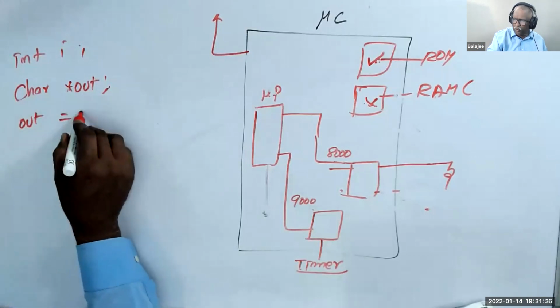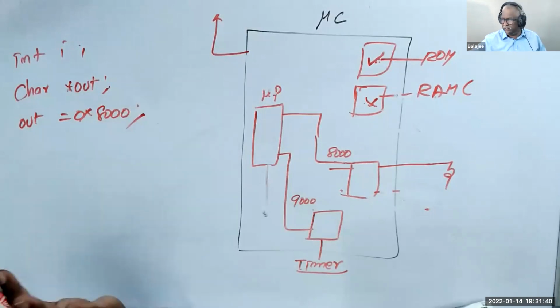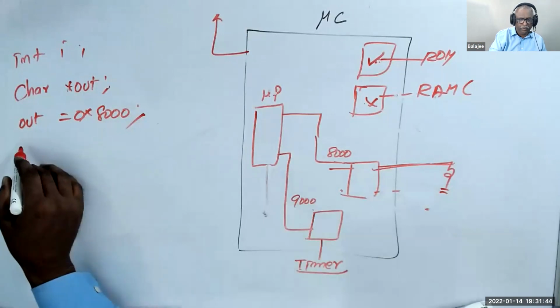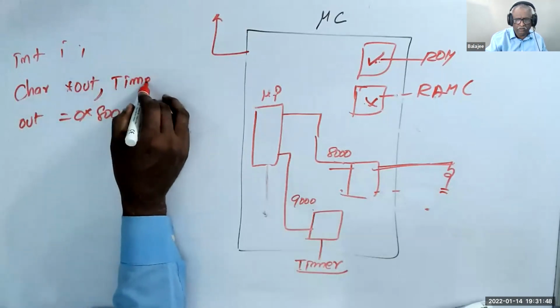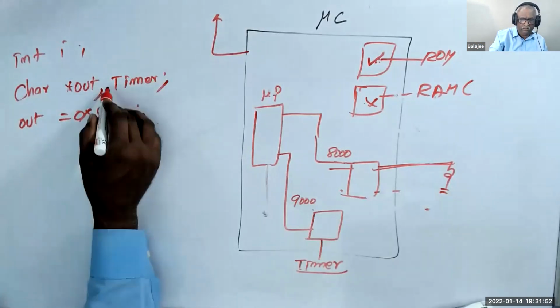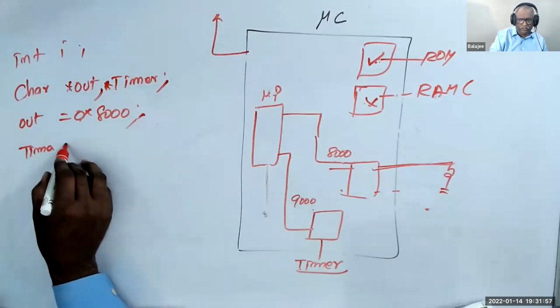Out is equal to 0x8,000. That's fine. That is the same. Now, one more thing I'm defining: start timer. Understood? Now I'll say that this address called timer has the address 0x90.